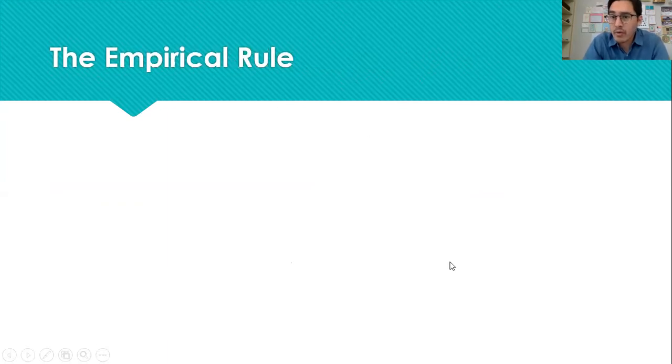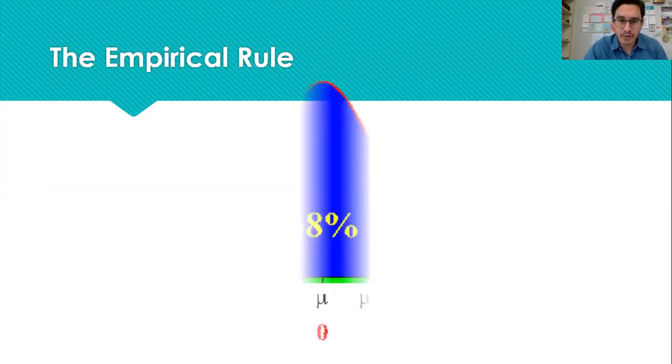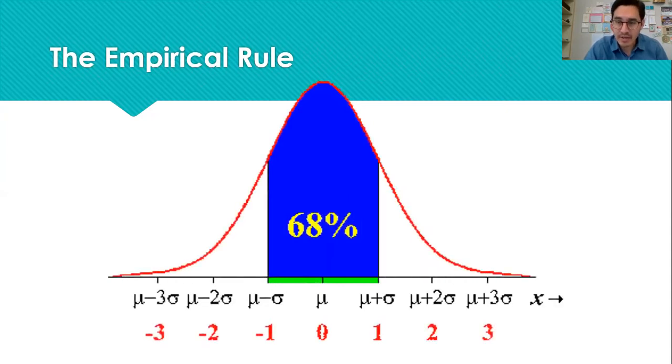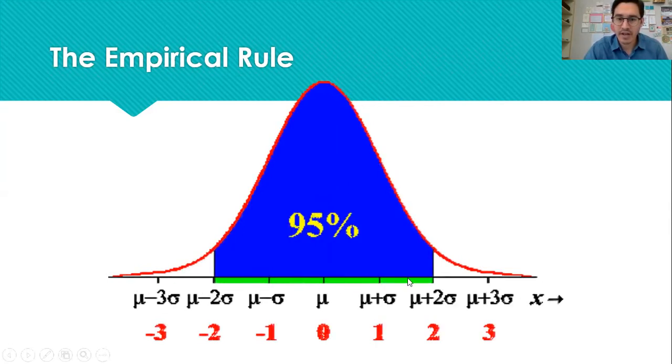All right, so something very cool about normal distributions is that they all follow what's called the empirical rule. Every normal distribution will have 68% of its data falling within plus or minus 1 standard deviation of the mean. And then 95% of the data will fall between plus or minus 2 standard deviations of the mean.